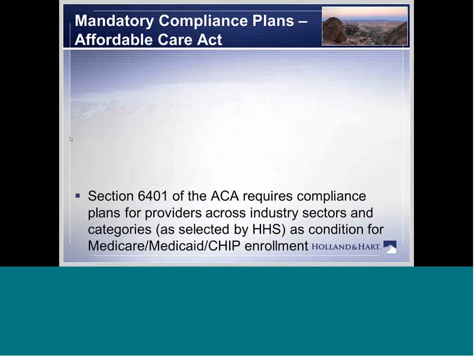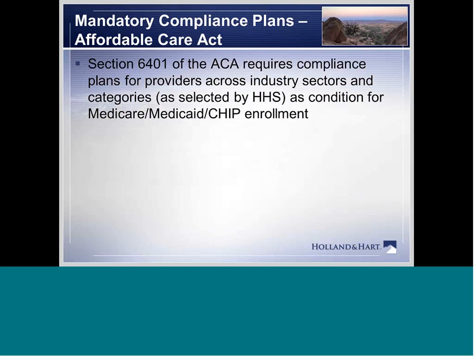One thing I did want to just touch on briefly, though, is the ACA. The shape that some of this may take in terms of enforcement and applicability going forward may be a bit unknown, but Section 6401 of the ACA requires compliance plans for providers across industry sectors as a condition of enrollment in the federal health care programs.